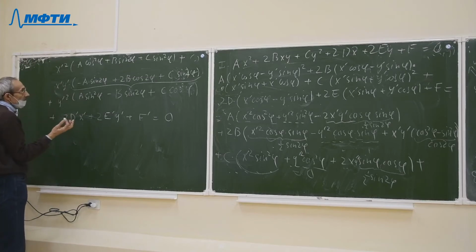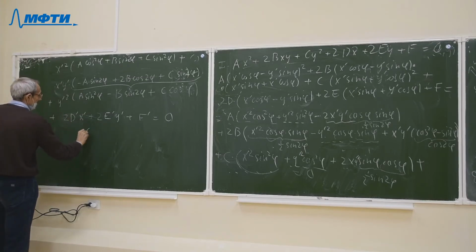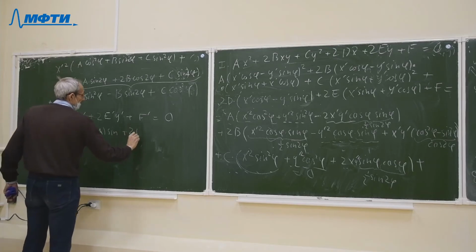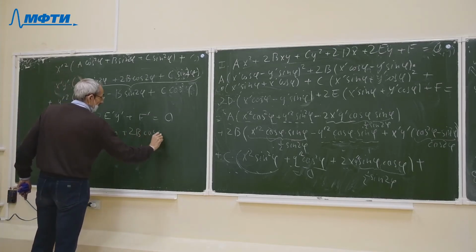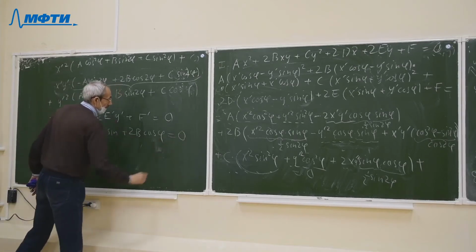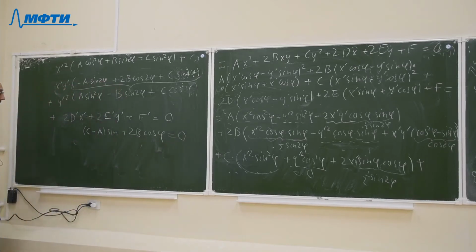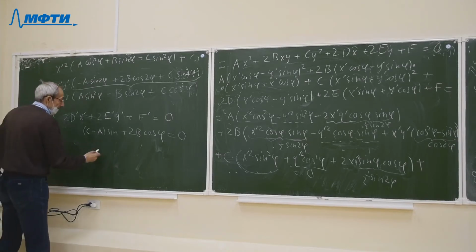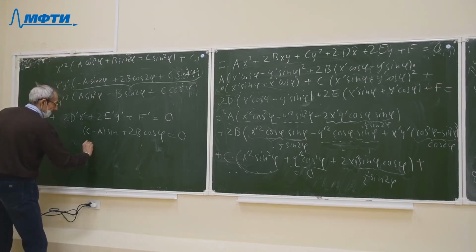These coefficients we can write in this form: c minus a sine phi plus 2b cosine phi. Cosine phi is equal 0.